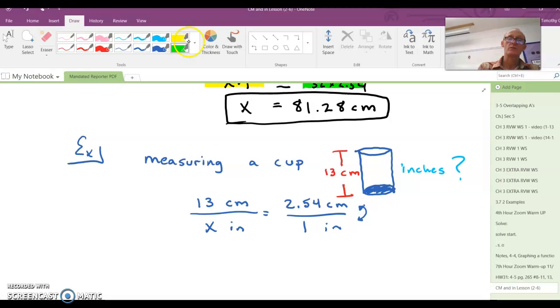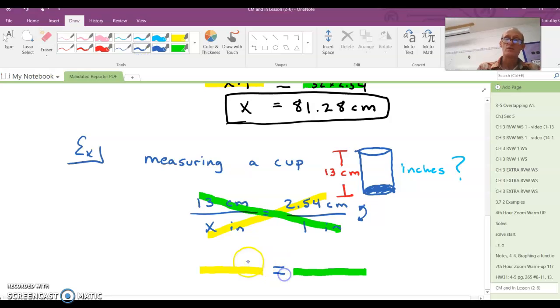Like we did before, we're going to cross multiply to set up an equation, so this side of the equation equals the other side of the equation.